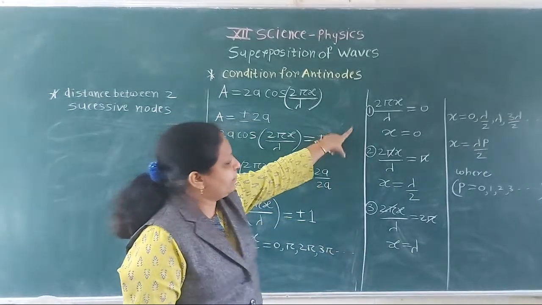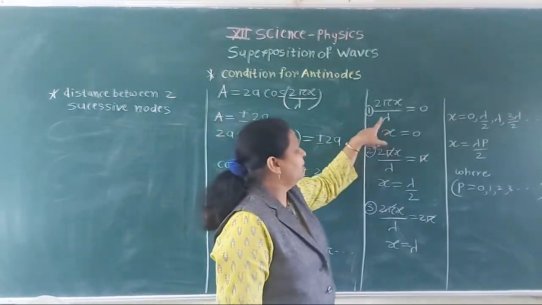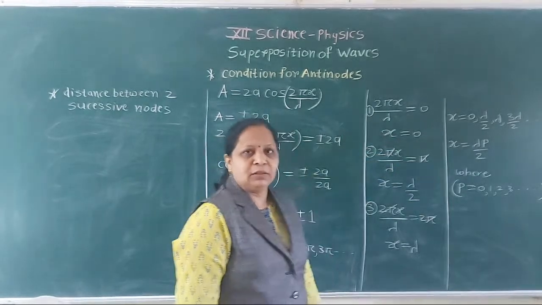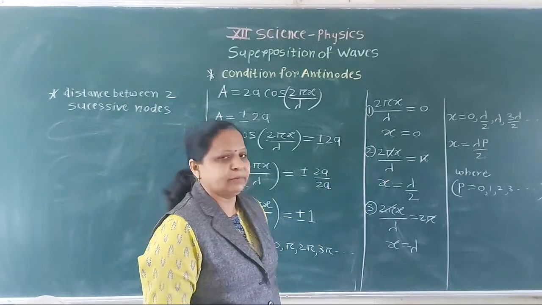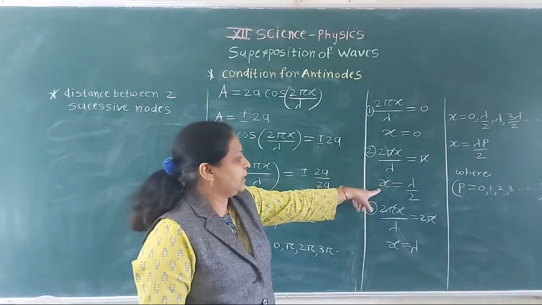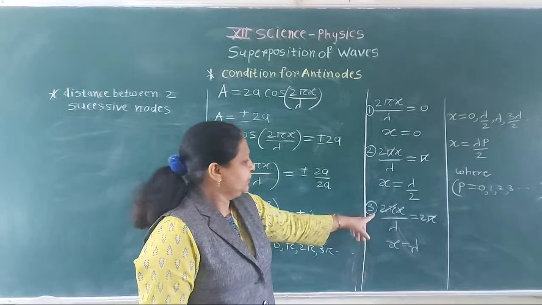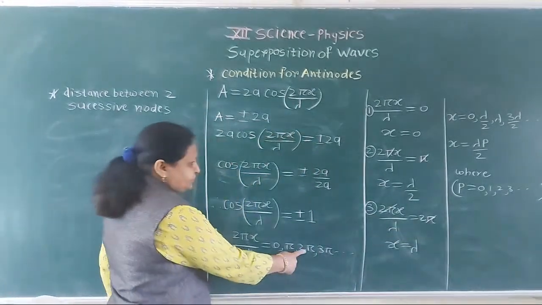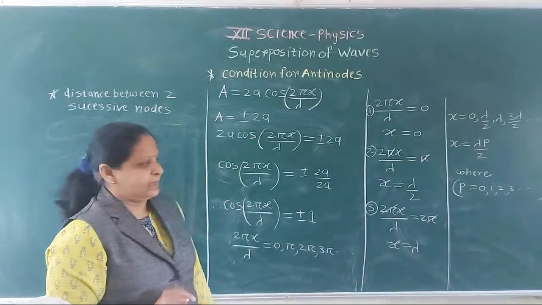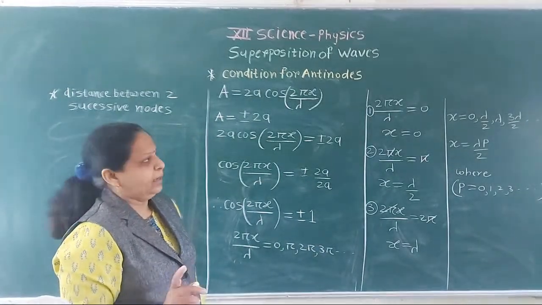In the first example, the value of x is 0. In the second example, 2 pi x upon lambda is equal to pi, pi gets cancelled, x is equal to lambda by 2. In the third example, 2 pi x upon lambda is equal to 2 pi, then 2 pi gets cancelled, x is equal to lambda.